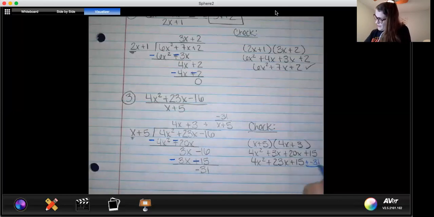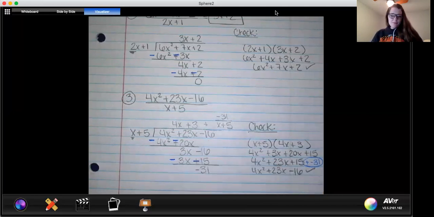And when I add that, I get 4x squared plus 23x minus 16, which was my original problem. So when you're checking with a remainder, multiply the divisor by the normal part of your quotient, and then add the remainder in. That's the method of checking.